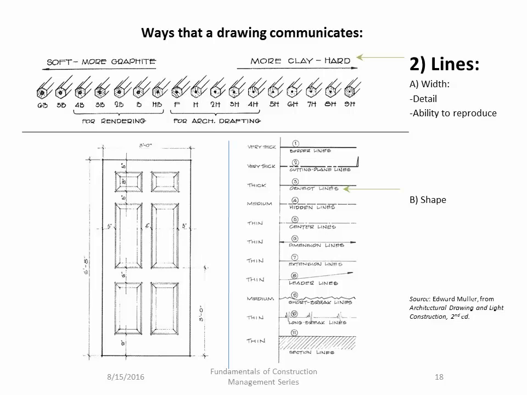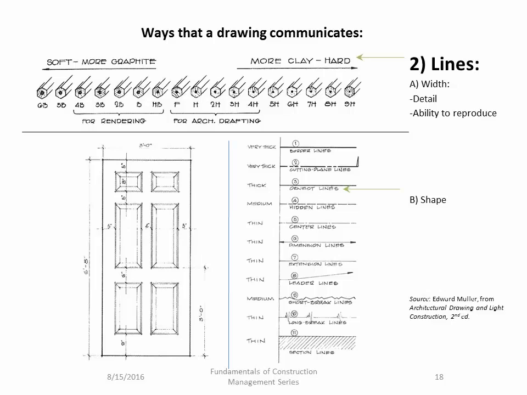But once you start getting into the detail of the raised panels of the doors, we start seeing that there's dotted lines or thinner lines to suggest certain shapes, but they're also showing you a depth to the line so that you can see that there are some parts of that door that are behind other parts of the door. And then we have dimensions as well. 6'8" is the dimension of the vertical part of the door, and that is written in a thinner line as well, not to be confused with the outline of the door itself.